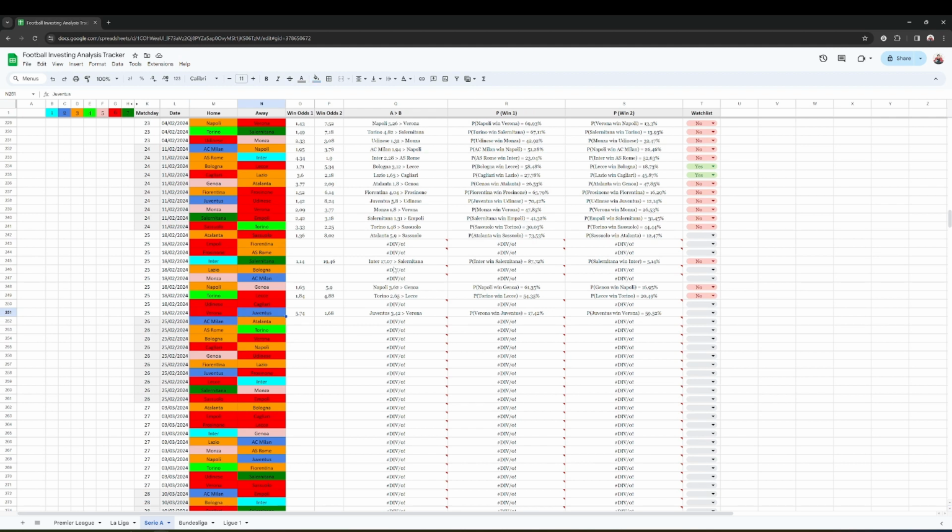Atalanta is worse than Juventus. Atalanta playing at home is so much better than Juventus playing away? No, I don't know. I'll investigate this one further, definitely. I'm not convinced that Juventus is 59% of beating Verona.